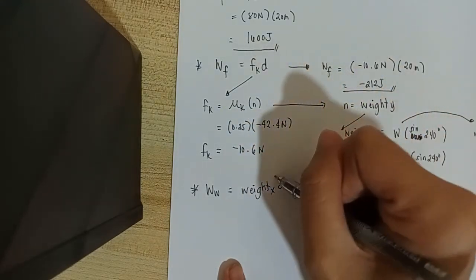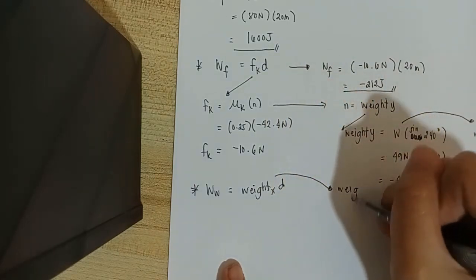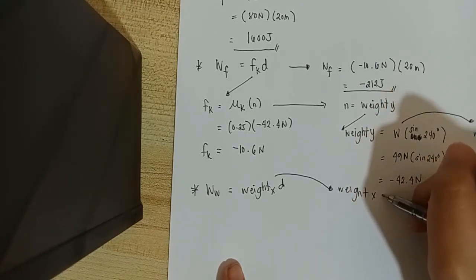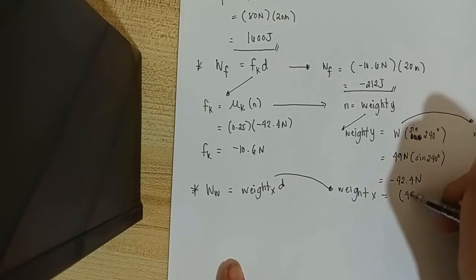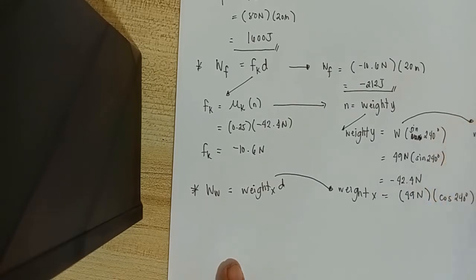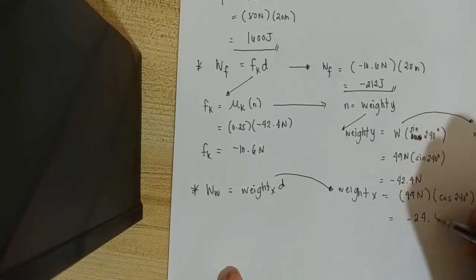That will be weight sub X, that's the horizontal weight, multiplied by distance. So weight X is equal to 49 Newton multiplied by cos 240 degrees. And that would be negative 24.5 Newton.